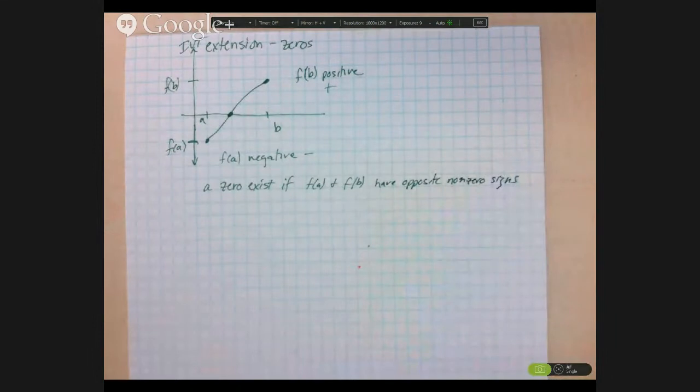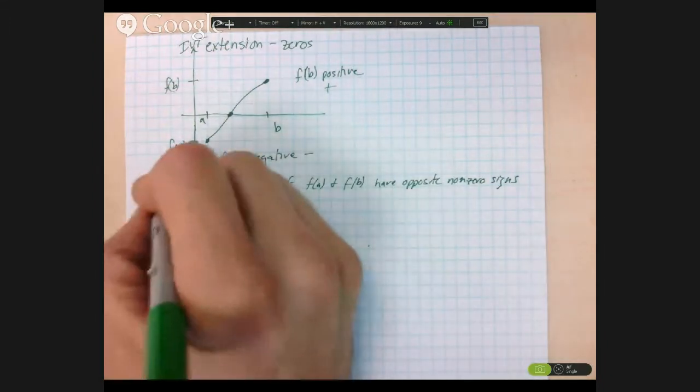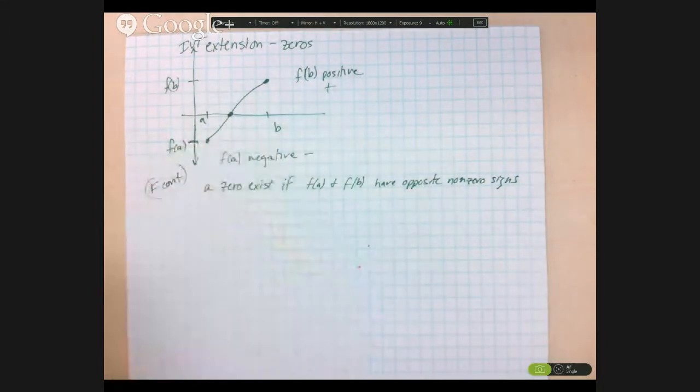So it can go the other direction too. If the y values are above and below the x-axis, we know that there's got to be a 0, if f is continuous. It's that condition again.